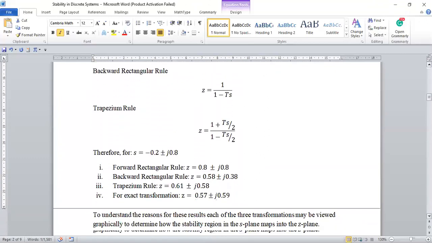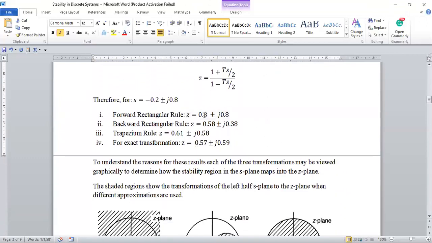So I said that this one is unstable, and I want to show why this is unstable. So here you have 0.8 and here you have 0.8.